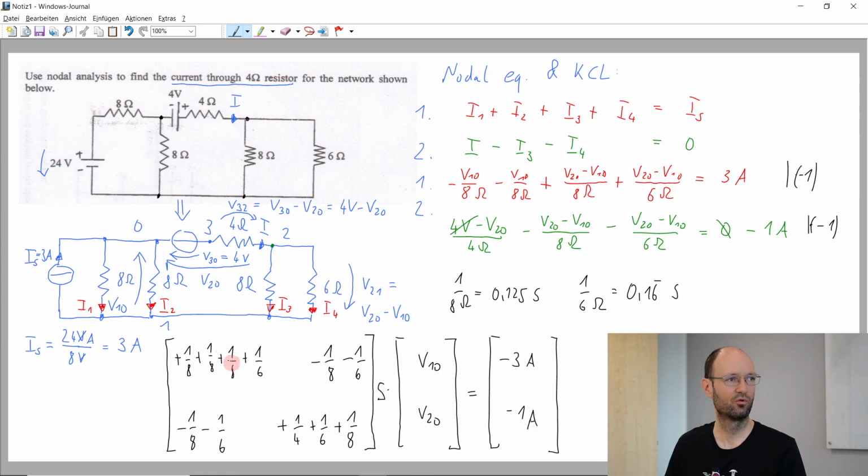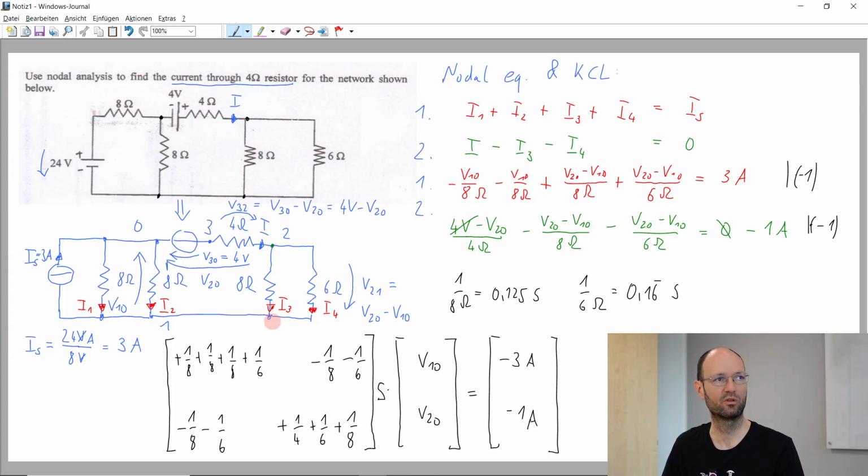So at the first node, we have the sum of this conductance, this conductance and this conductance, because they are all connected to this node. On the second node, we have the sum of this conductance, this conductance, this conductance, because they are connected to this node. Makes sense.